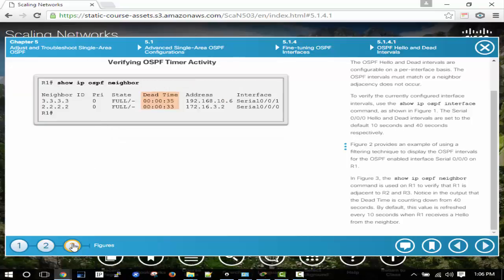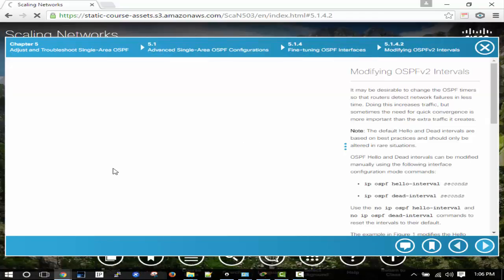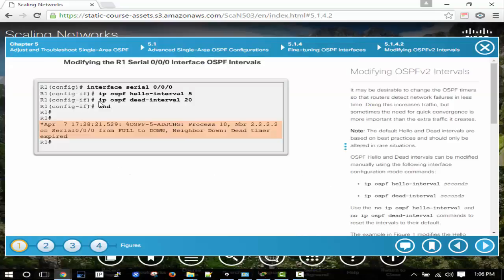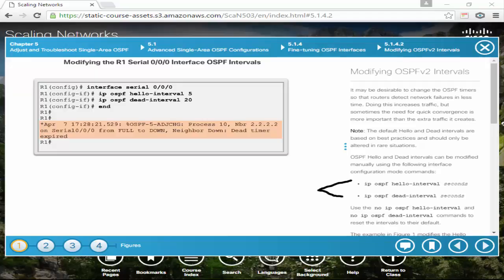And we do that by, well, they're just doing a show. So if we want the timers to get faster, inside the interface we can say OSPF hello 5, dead timer 20. Remember, we need to do that on both sides for this to form adjacencies. The hello and dead timers have to be the same in OSPF for them to form an adjacency.